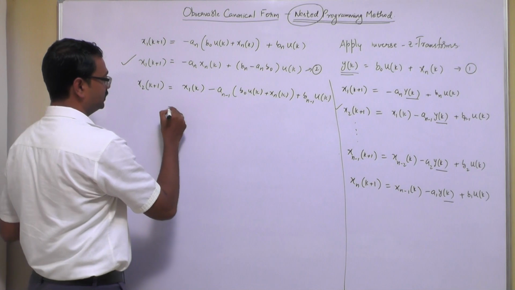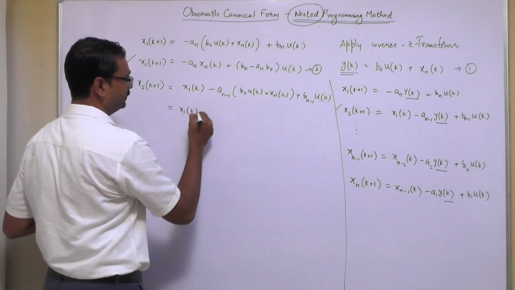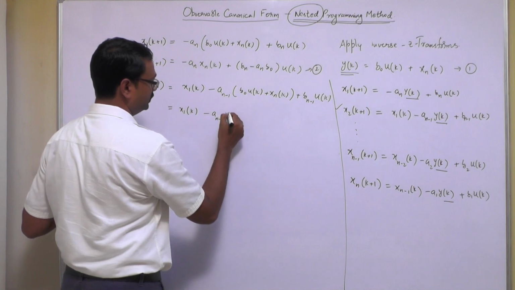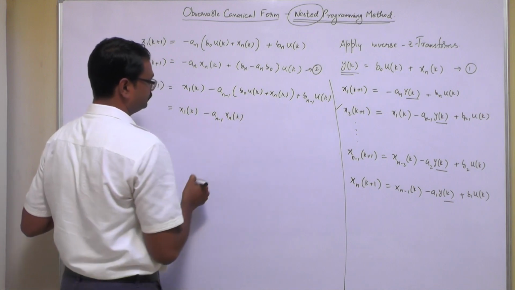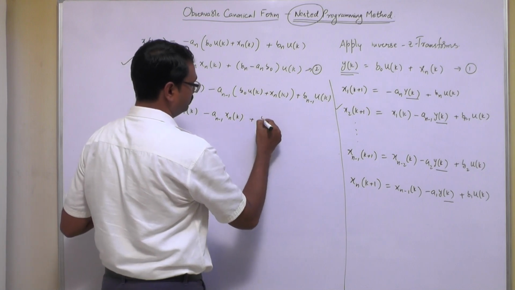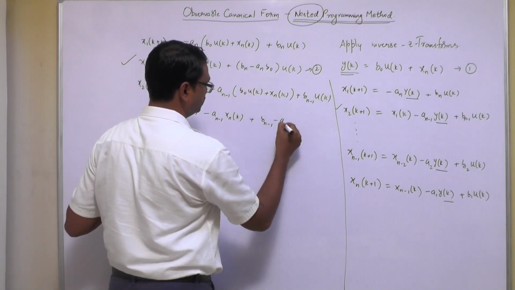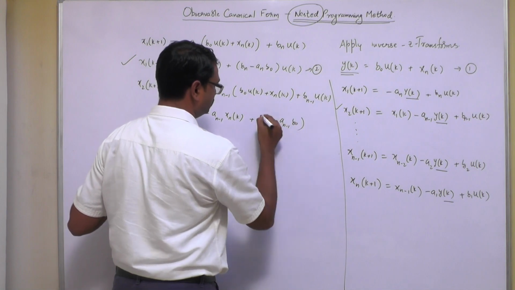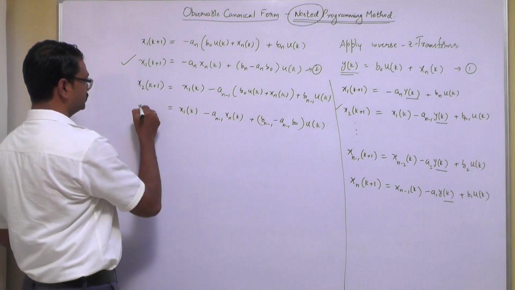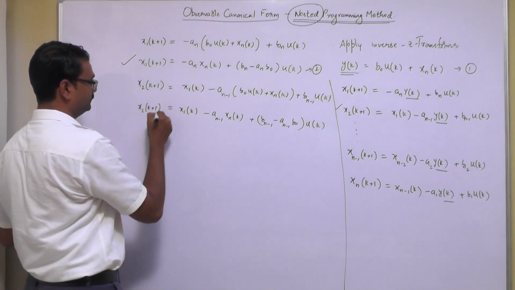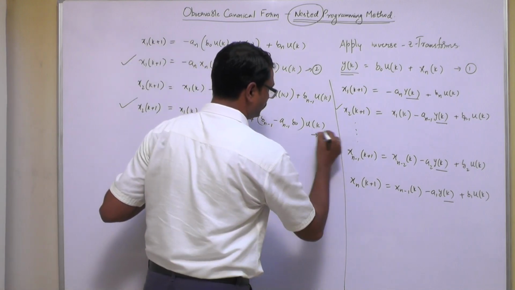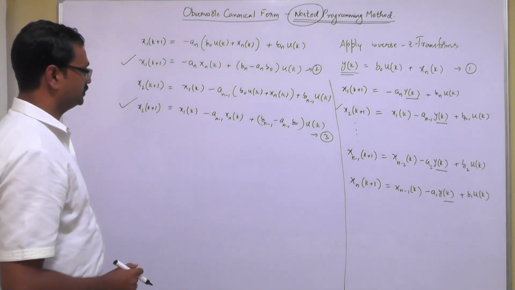So you can write this as x2(k+1) = x1(k) - an-1 xn(k) + (bn-1 - an-1 b0) u(k). This is our third equation.